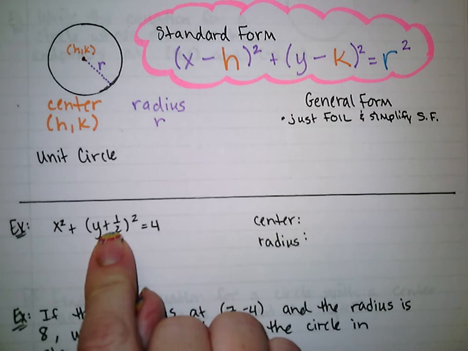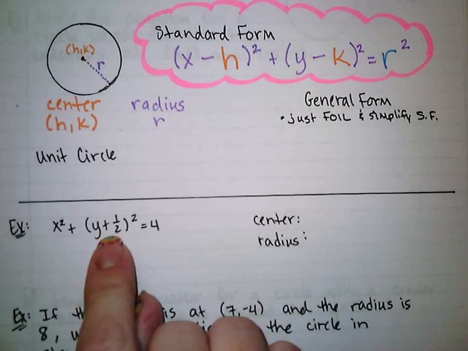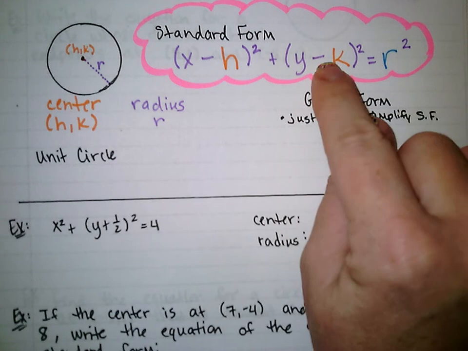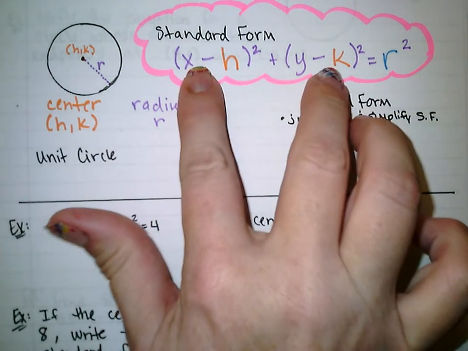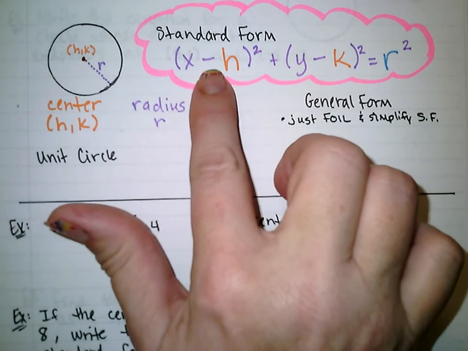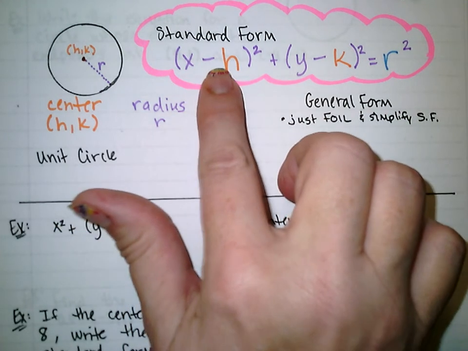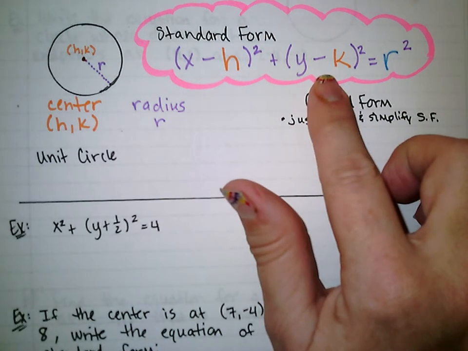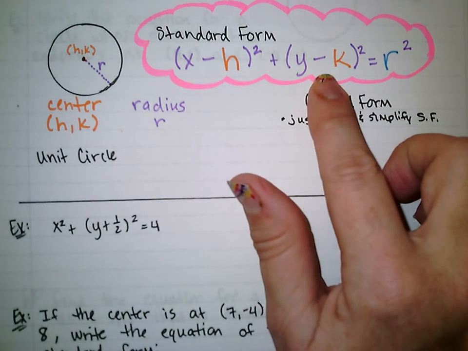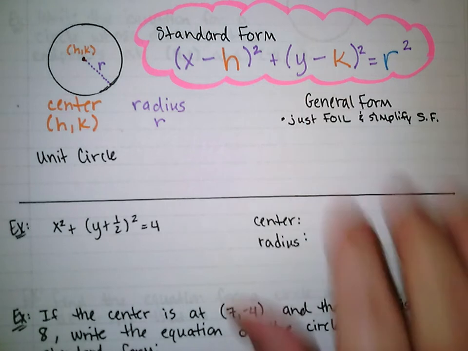When it's with the y, it's up and down. So this one's actually going to be down because it's inside the parenthesis with the y. So we have two shifts happening. We shift the x coordinate right if it's subtracted, left if it's added. We shift the y coordinate up if it's subtracted, down if it's added.